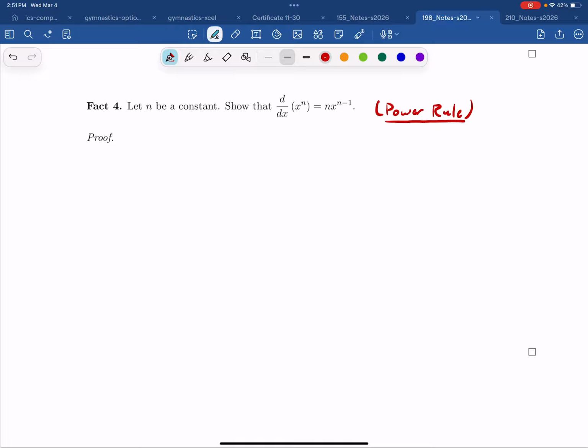Here's why it works. We're going to let y equal x to the n, where n is just any number, any constant. Well, that implies that ln of the absolute value of y equals ln of the absolute value of x to the n, which equals n times ln of the absolute value of x.